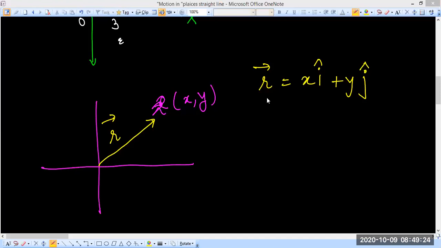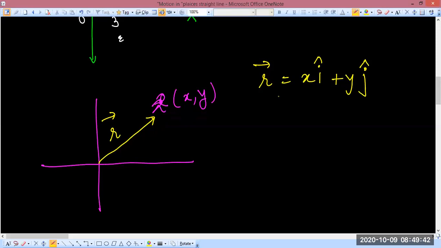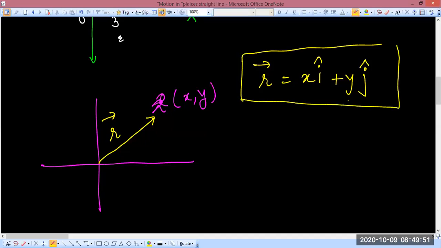All right, Rohan, then that is right. I was also saying the same. Now if someone asks you how to write the position vector, you say the position vector is always r vector equal to xi caret plus yj caret. Suppose you write it in 3D. 3D means motion in space.